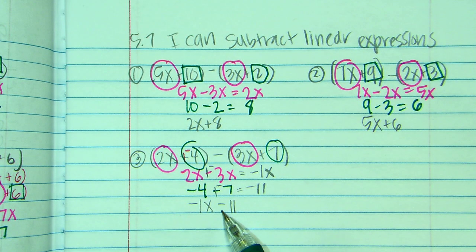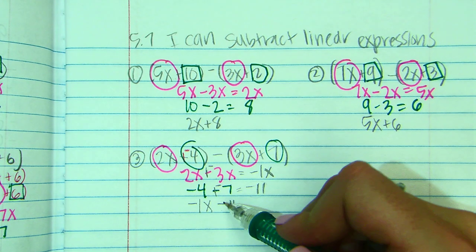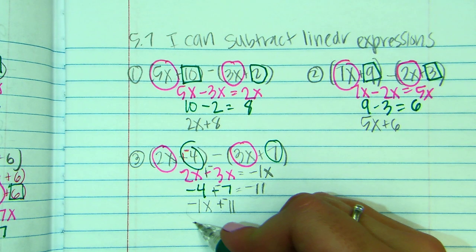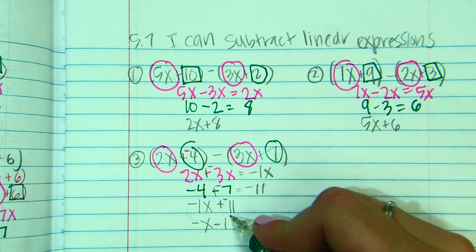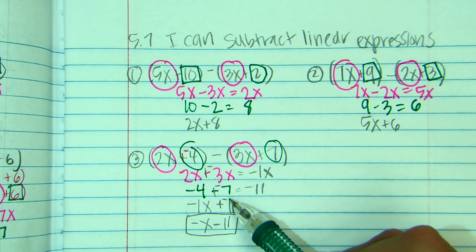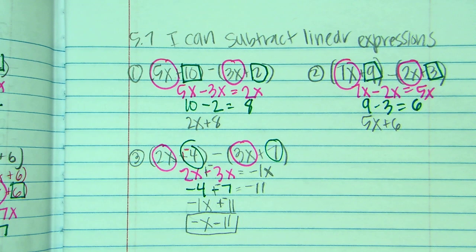It's a minus this time because this was a negative right here. I could say plus negative 11, then I have to simplify. I have to simplify this anyway to say negative x minus 11. This is the most simplified this one can be. We don't need the 1, and adding a negative is the same as subtracting, so it's more simplified to have just one sign in between.